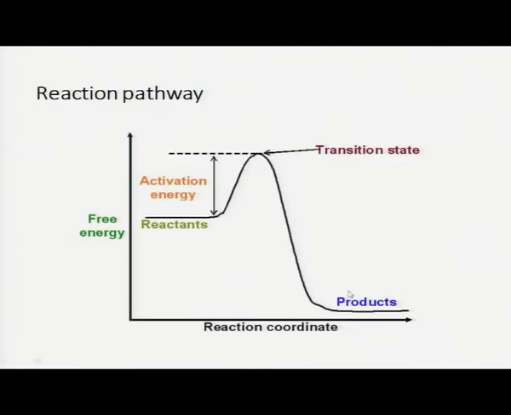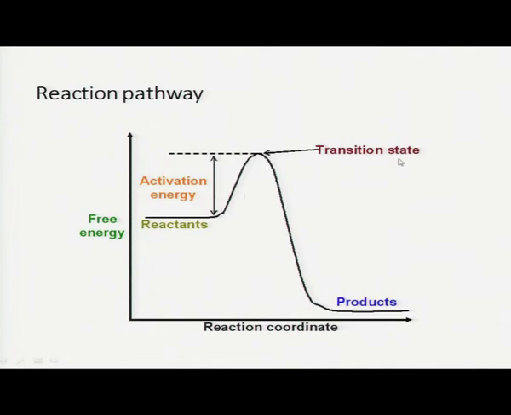Now, you can see here this is the reactant. When it starts to form the product, it requires a certain amount of energy. This energy is called activation energy. When this activation energy is combined with the reactant, it comes into the transition state.